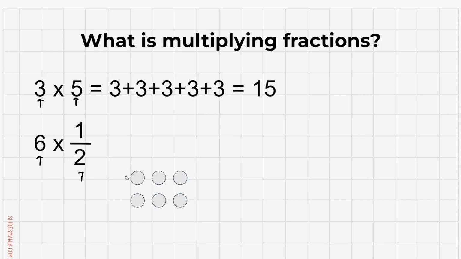Well, this means that we're going to add up half of a group. We're only going to look at a half of a group. So a half group of 6 is 3, right? This is our answer right here. So 6 times 1/2 is 3.